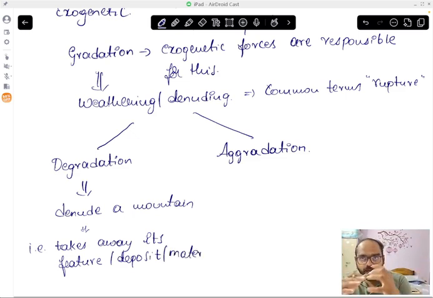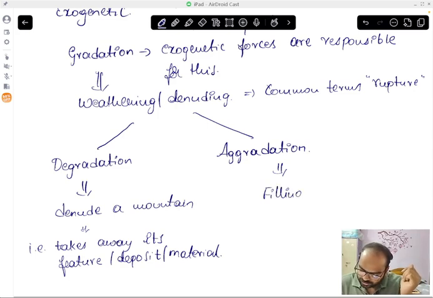A natural element like wind or water can take away the materials of a physical feature like mountains. In aggradation, there is filling up, that is, deposition of materials into a depression.